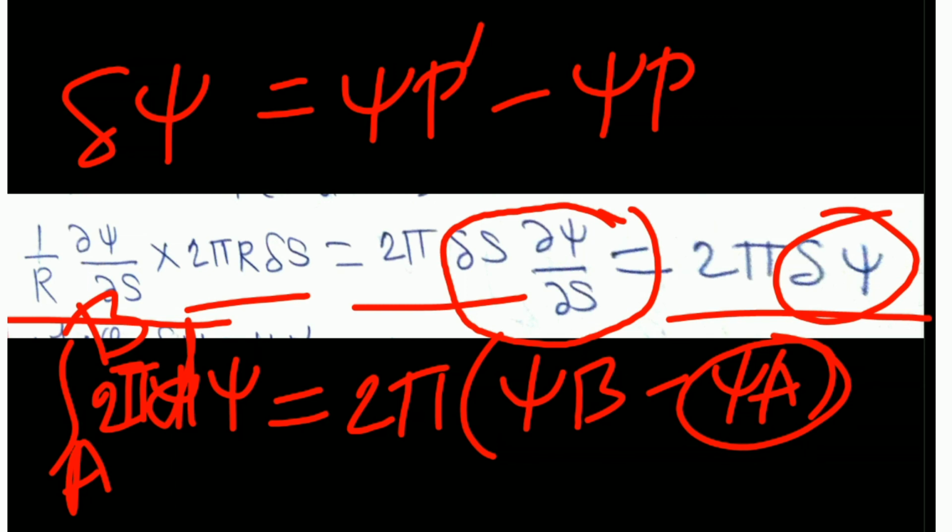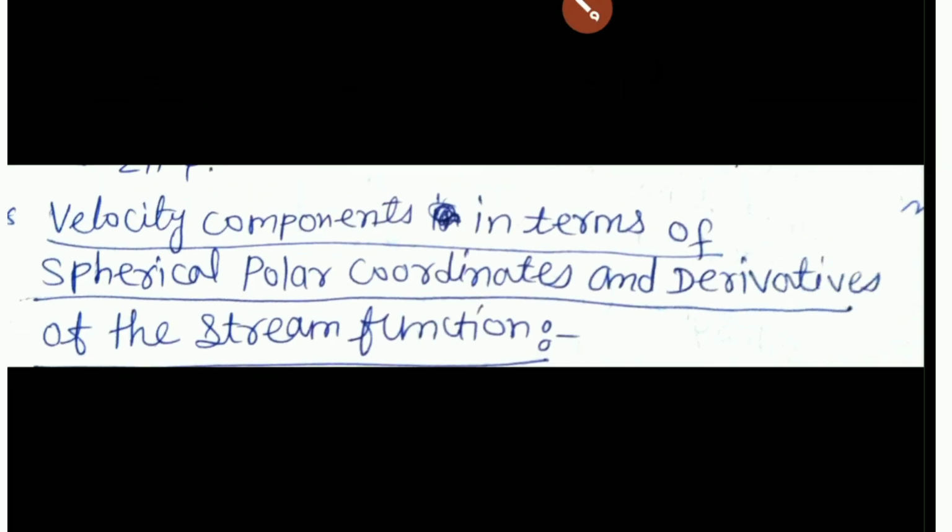So our next article is velocity components in terms of spherical polar coordinates and derivatives of the stream function.